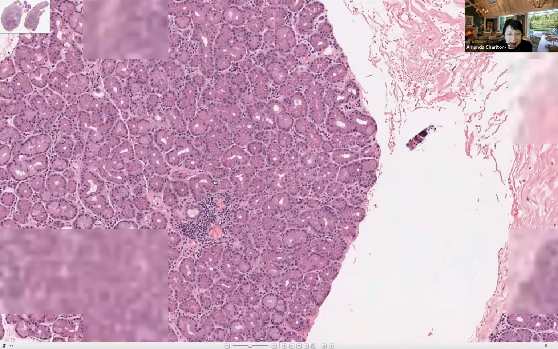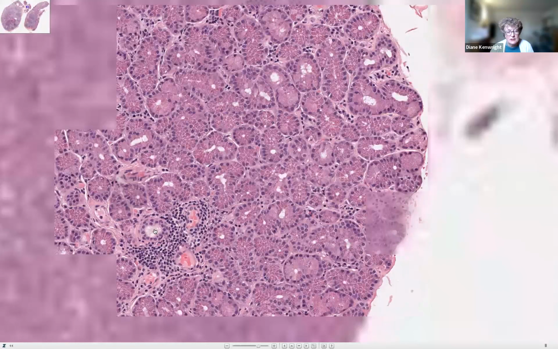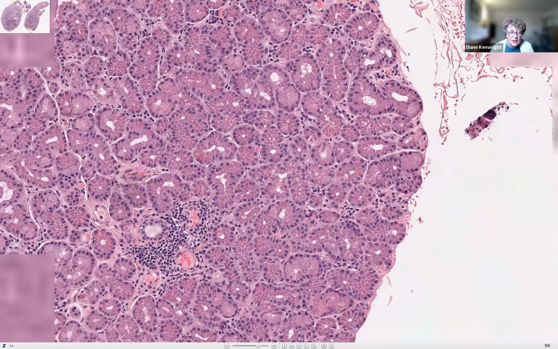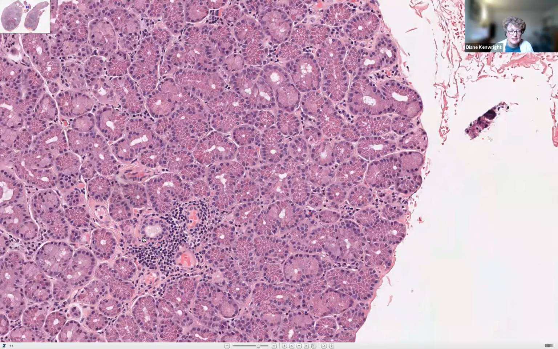So this is a normal duct here. Now, the myoepithelial cells aren't as prominent in normal ducts. So these are acini, these are ducts. That's a myoepithelial cell here, and that's a myoepithelial cell, and these are all the epithelial cells. So there are two layers, but they aren't quite as prominent as the ones in the tumor.